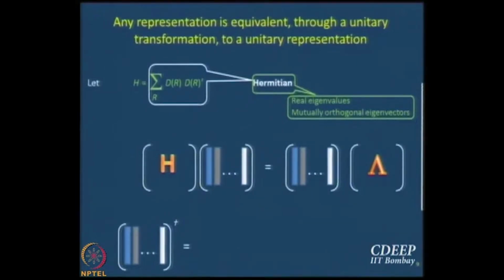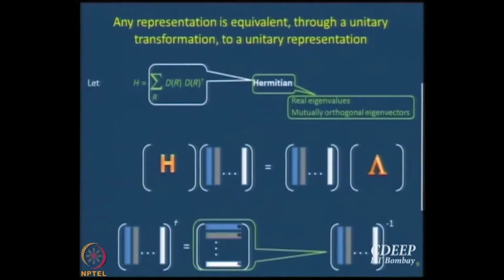Columns become rows and you have to take complex conjugates. So, is everybody okay if I write it like this, right? Now, since everybody is okay with this, will you agree with me when I say that this adjoint is also the inverse of the same matrix?